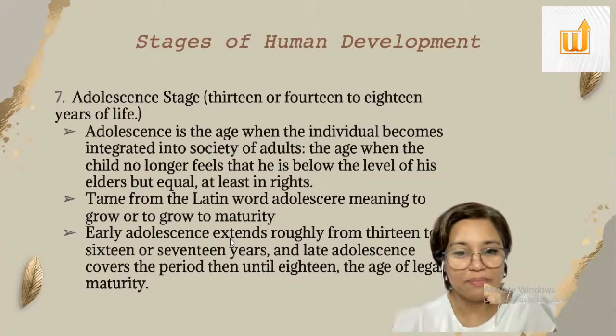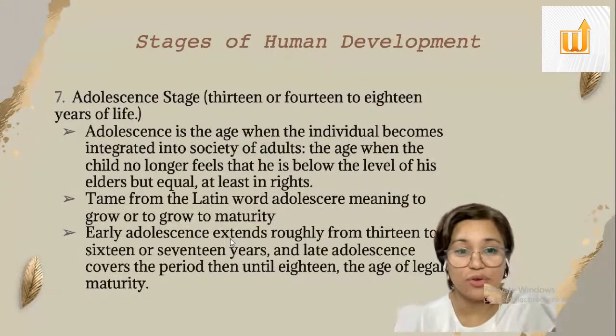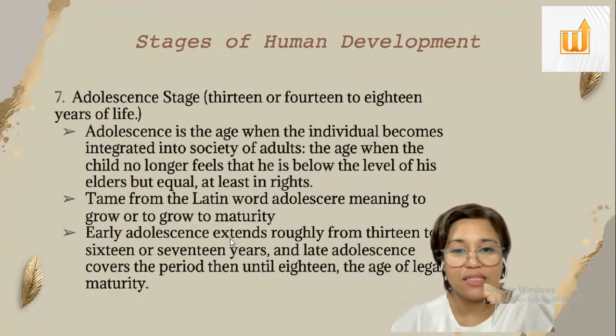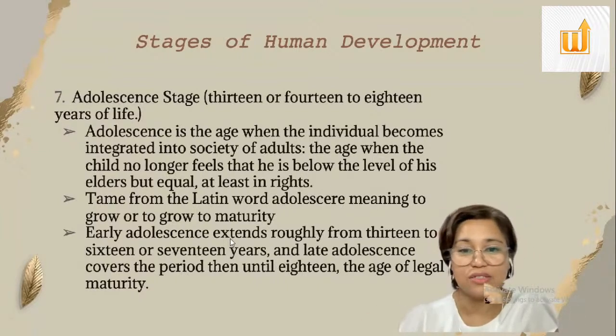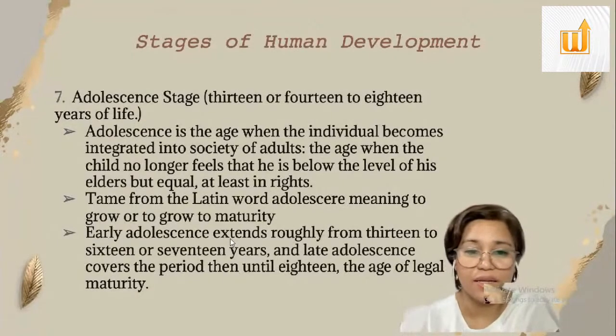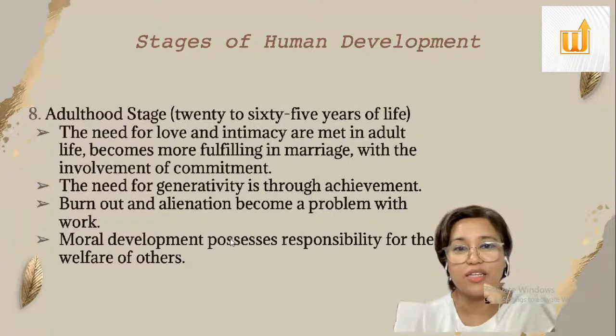So of course we already know about the word adolescere, meaning to grow in maturity. So early adolescence extends roughly from 13 to 16, but the late adolescence covers the period of 18 or maybe until 21. Ayan yung legal maturity of our children.